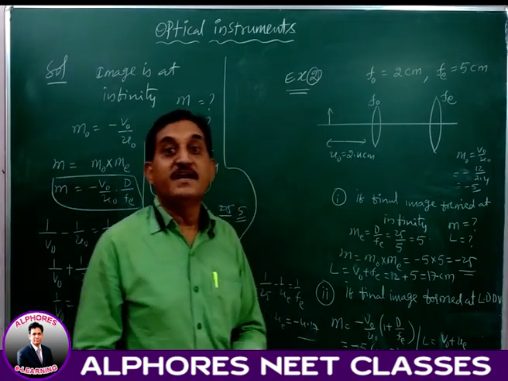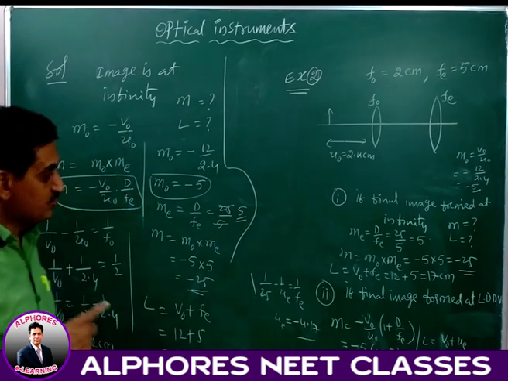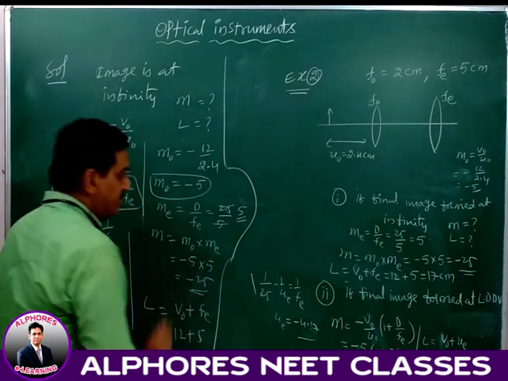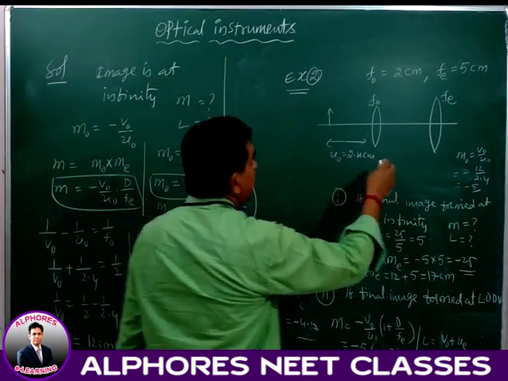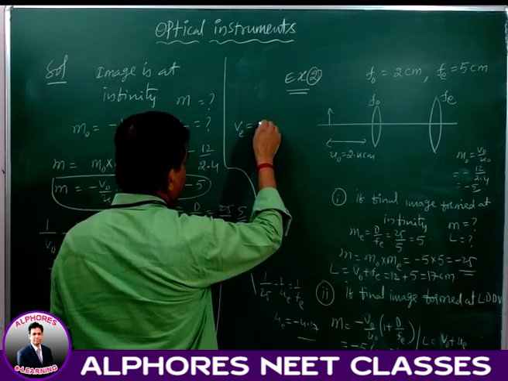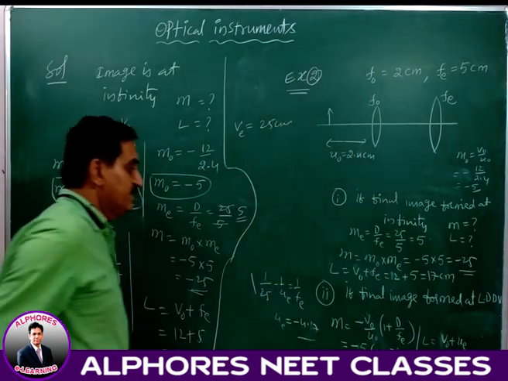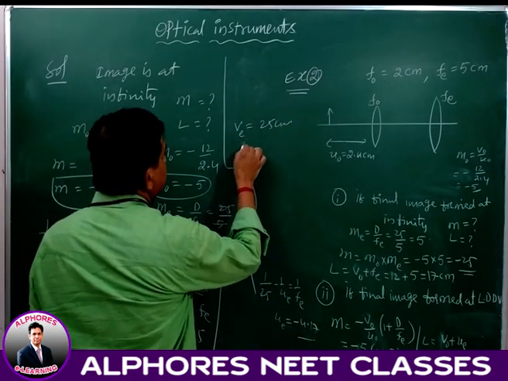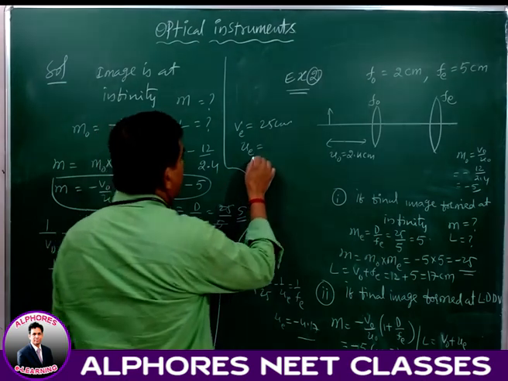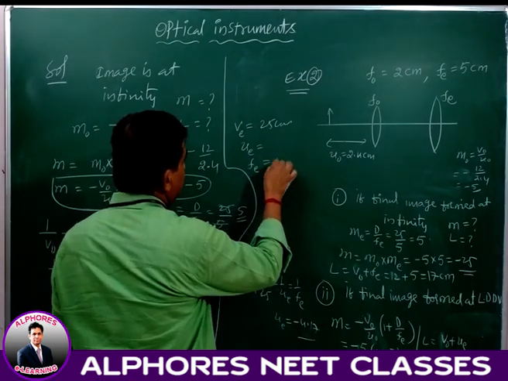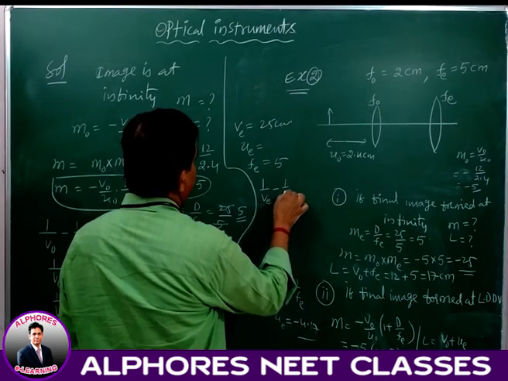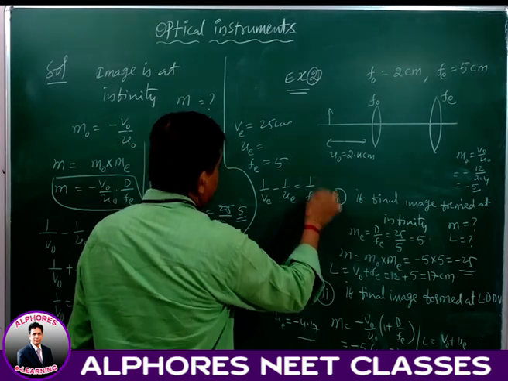The next one is the length of the compound microscope when the image is formed at LDDV. In order to find its length, see, the image is formed where? At LDDV, the least distance of distinct vision, means v is 25 centimeters. V is 25. UE is to be calculated, and fe is already given, 5. Then using the lens formula, 1 by v minus 1 by ue is equal to 1 by fe.